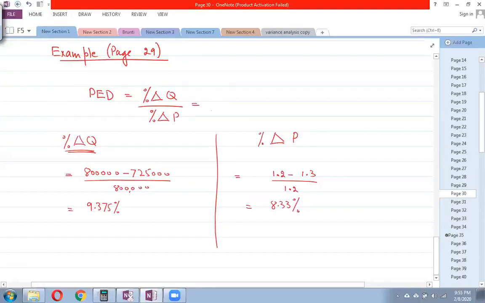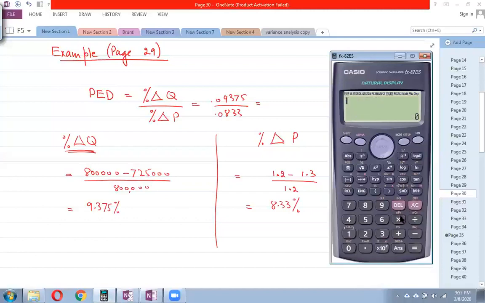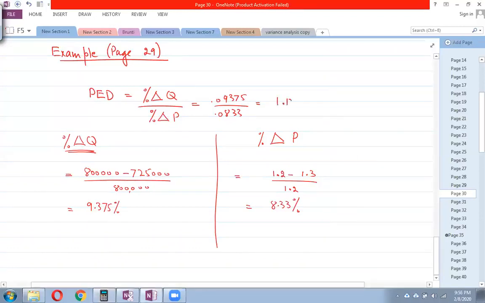So for quantity, 0.09375 divided by 0.0833, what do you get? 1.125. That's how you calculate your price elasticity of demand. That's the formula. Please do let me know if there is any confusion.